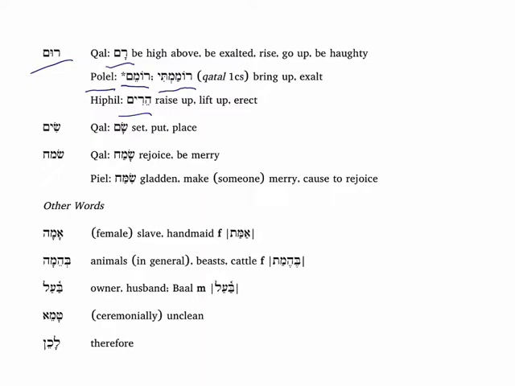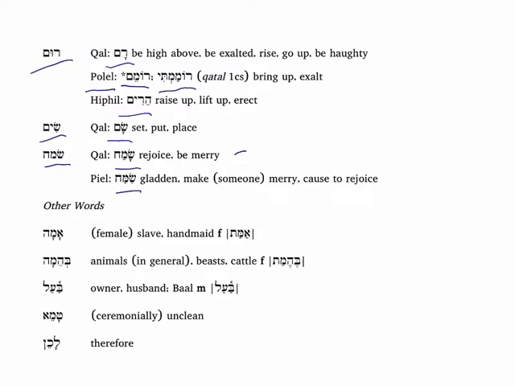Then we have the hifil, herim, to raise up or to lift up, to erect a tower, something like that. The hollow root sim, giving us the qatal third masculine singular, sam. Samach, which in the kal stem means to rejoice, to be merry, to be happy. In the piel, it means to make someone happy, to gladden, simmach.